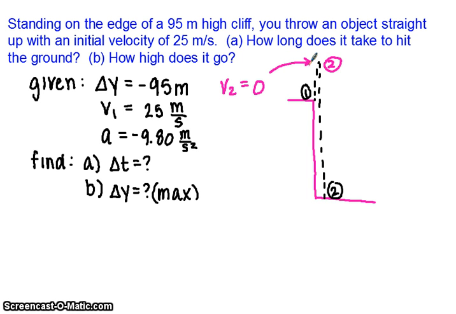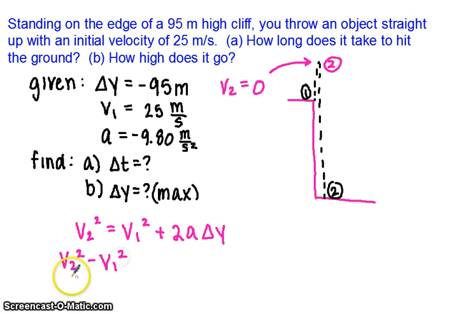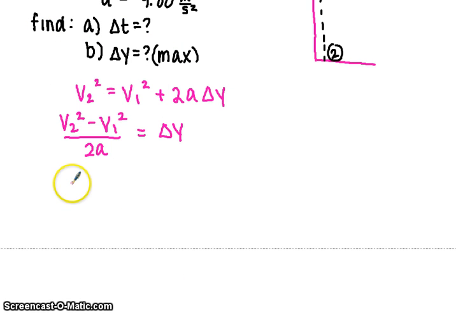So when we're trying to solve for delta y in this situation, the fourth kinematic equation becomes useful. We'll rearrange that for delta y by subtracting v1 squared and then dividing by 2a. At the highest point, again, the velocity has reduced by 9.80 meters per second every second.